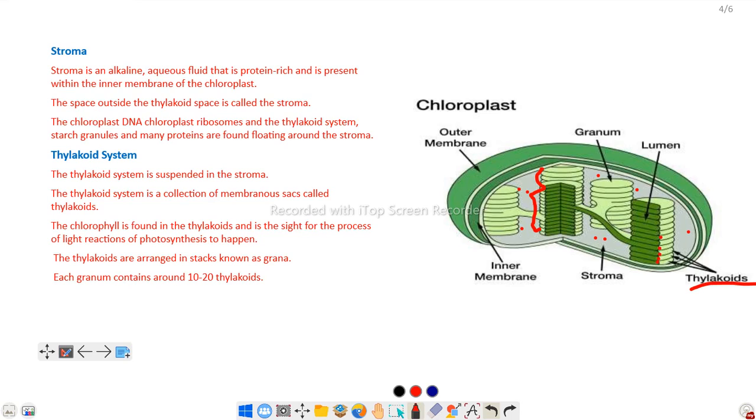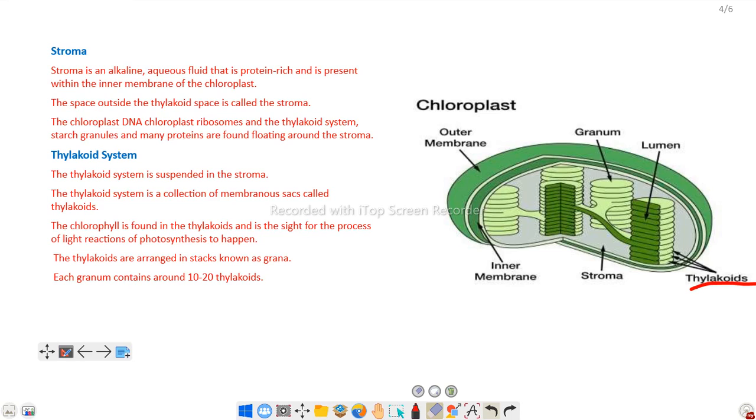The chlorophyll is found in the thylakoid. These green colored structures inside are the chlorophyll, which is synthesized inside the thylakoid, and it is the site where the light reaction of photosynthesis happens. Inside the thylakoid system, photosynthesis takes place, where light energy is converted into chemical energy.